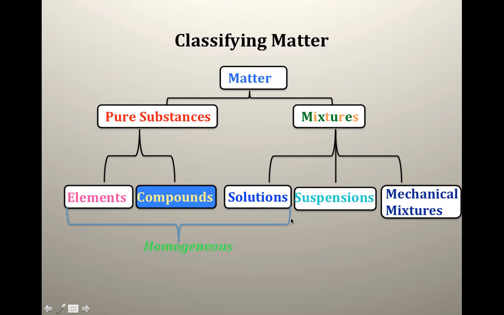Now on the left, elements, compounds, and solutions are homogeneous. And you might say, hey, a solution's homogeneous. Well, when we look at it, you cannot see the separate components. Suspensions, mechanical mixtures, you can see the separate components, so it's heterogeneous. And what we're going to do is go through these 5 categories of matter.